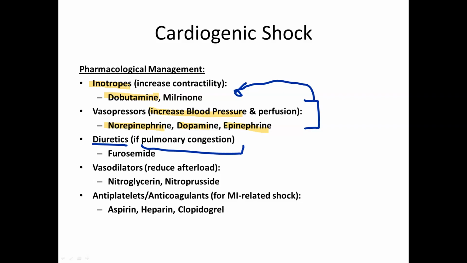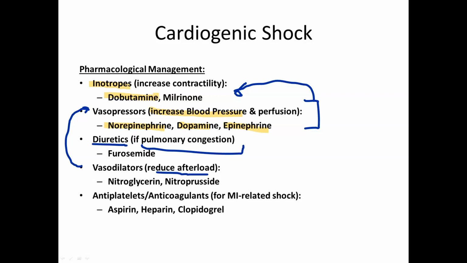Now, you have to bear with me on this one because this is a hard concept to understand. Vasodilators, which directly contradicts our vasopressors. Why would I want to use a vasodilator? Well, I would want to reduce that client's afterload.